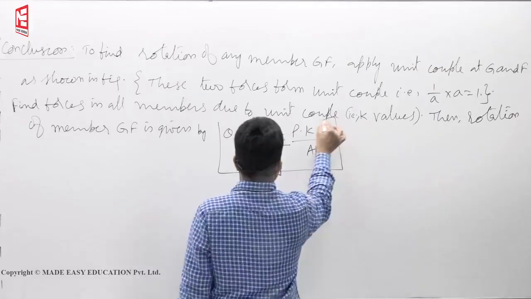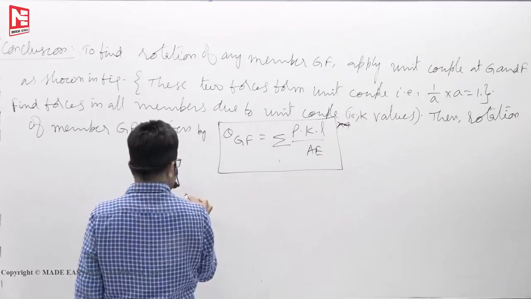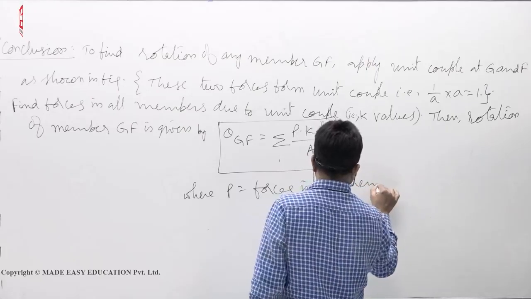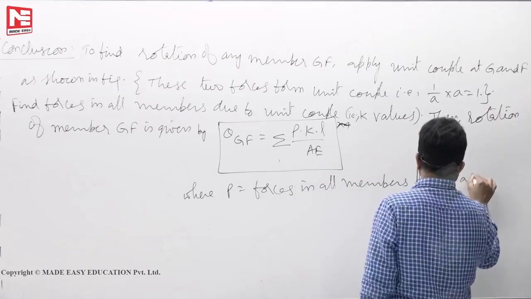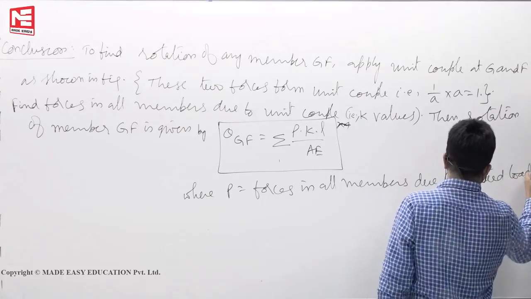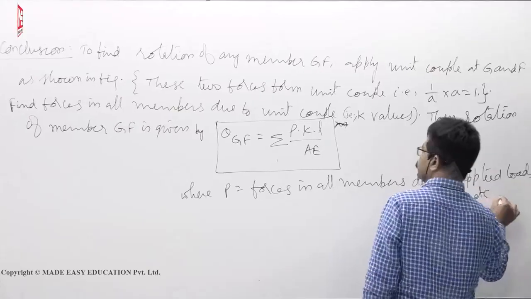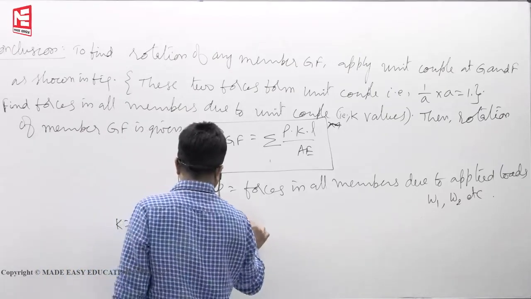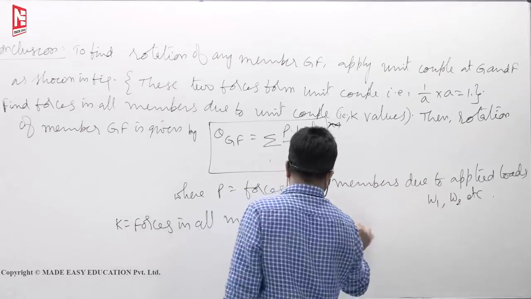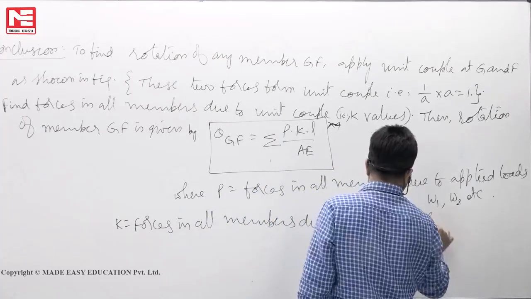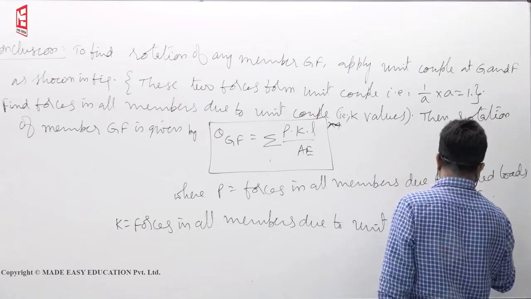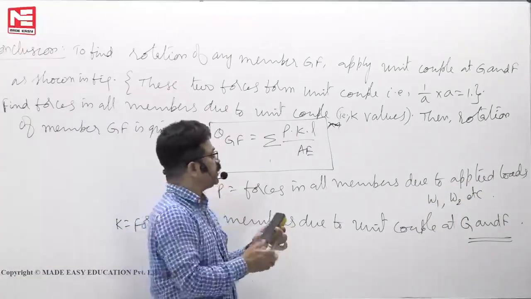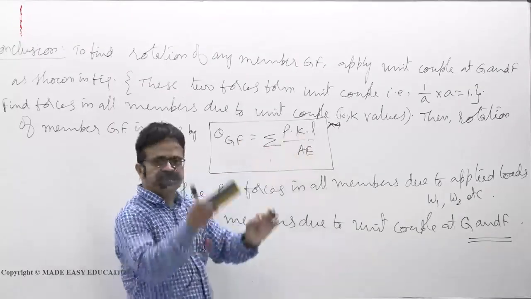Here also formula is same, but finding K only is different, where P stands for forces in all members due to applied loads W1, W2, etc. K means forces in all members due to unit couple applied at G and F. So formula is same in this case also, but finding K values is different. Here rotation means K values is because of unit couple.